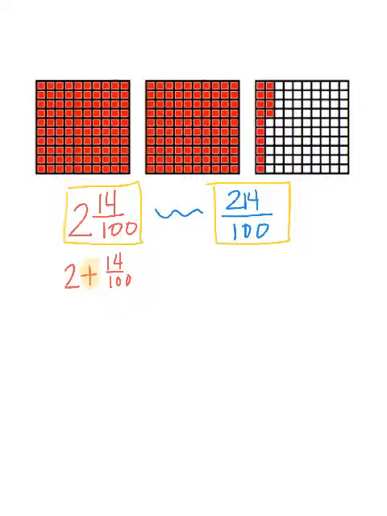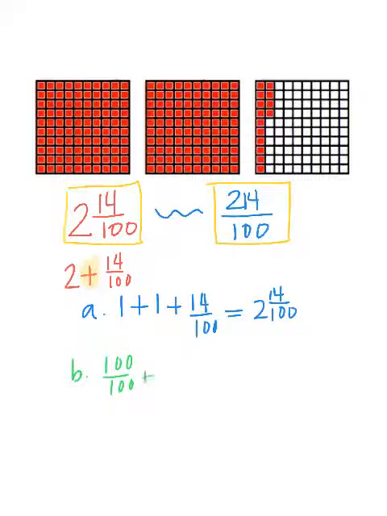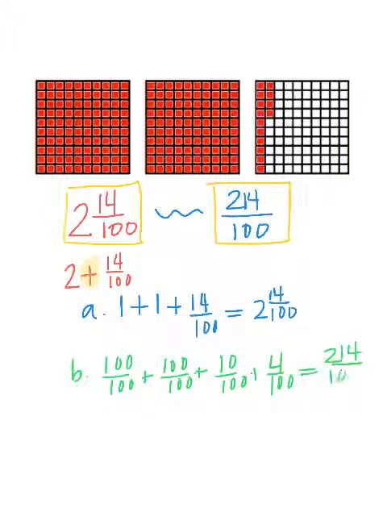Okay, now we're going to go ahead and decompose this in a couple of different ways. There's lots of options. So maybe the first one we'll try 1 plus 1 plus 14 hundredths is the same as 2 and 14 hundredths. Maybe we could try 100 hundredths plus 100 hundredths plus 10 hundredths plus 4 hundredths equals 214 hundredths.